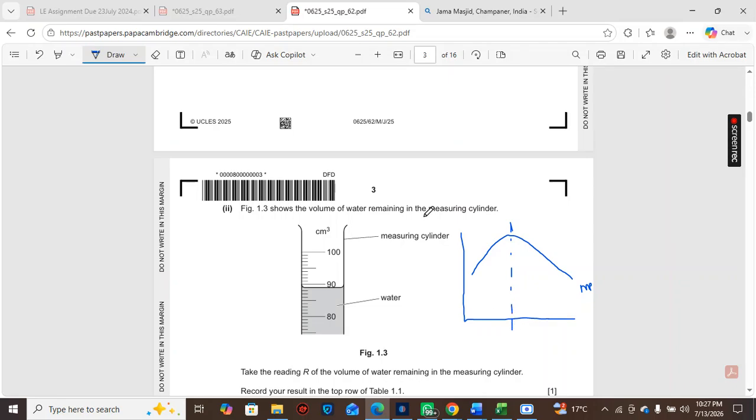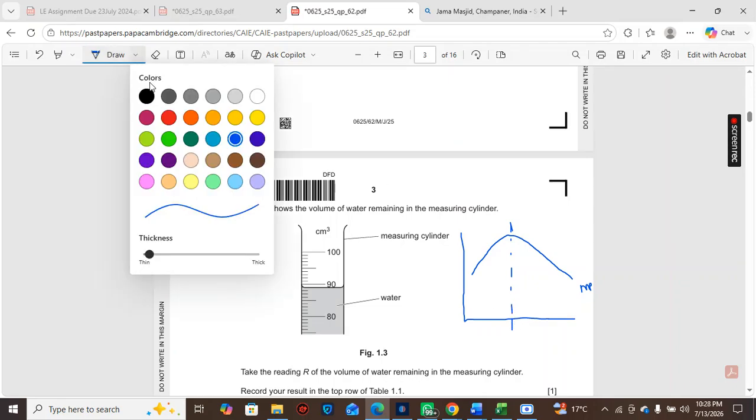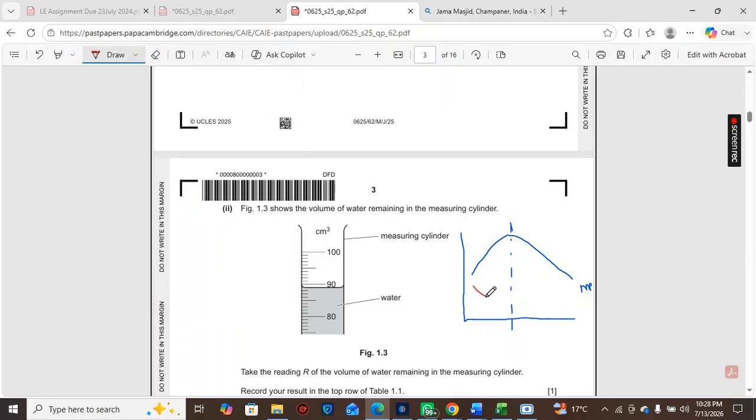Now, with marginal cost, the graph is like this. Marginal cost also starts to drop, but the moment it starts to increase again, the law of diminishing marginal returns starts. So I need you to remember this. The law of diminishing marginal returns starts either when marginal product starts dropping, or when marginal costs start rising.